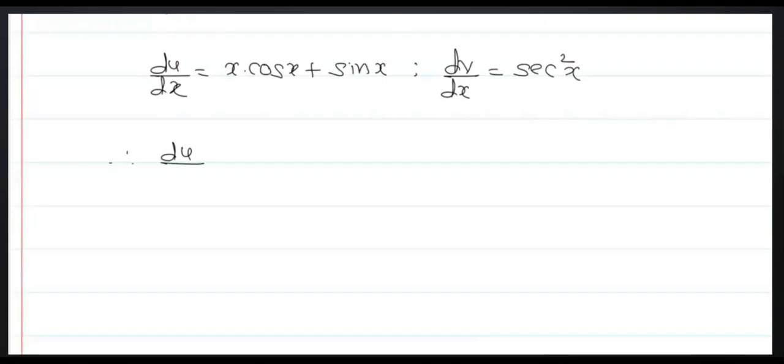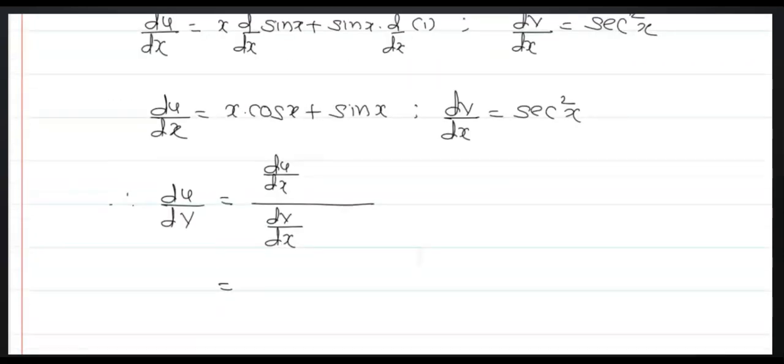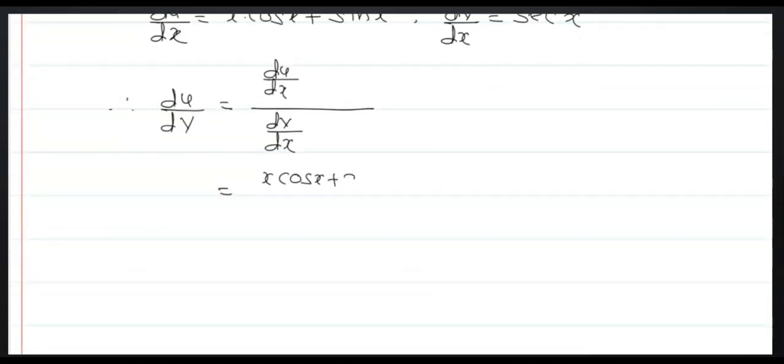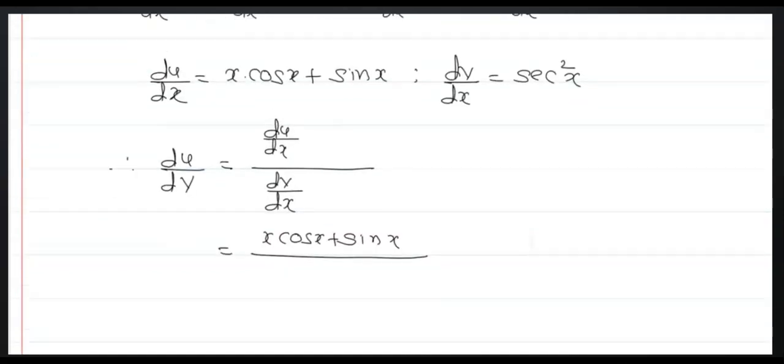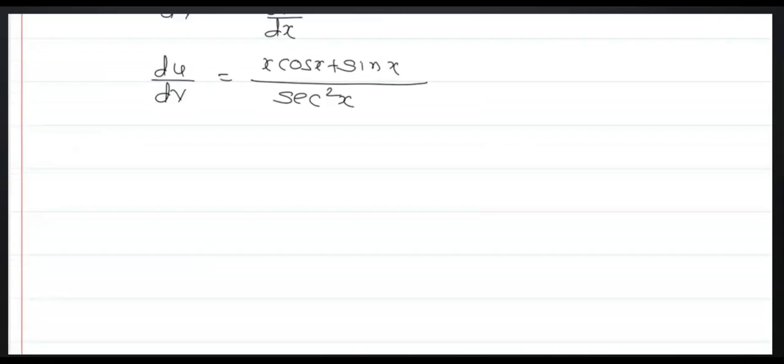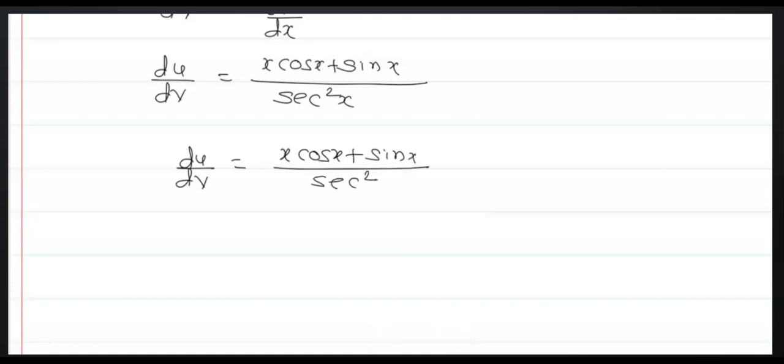Therefore du by dv is equals to du by dx upon dv by dx, and that's why substitute the value. x cos x plus sin x upon sec square x. Therefore du by dv is equals to x cos x plus sin x upon sec square x.